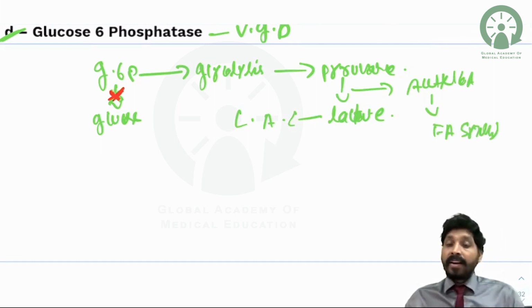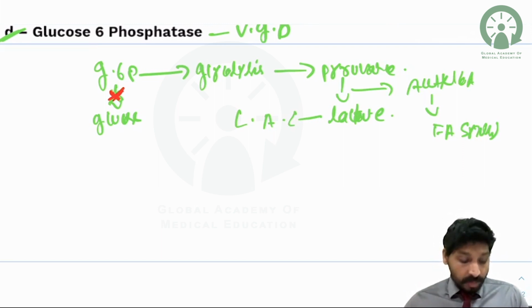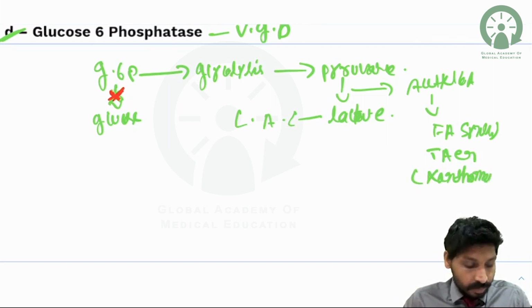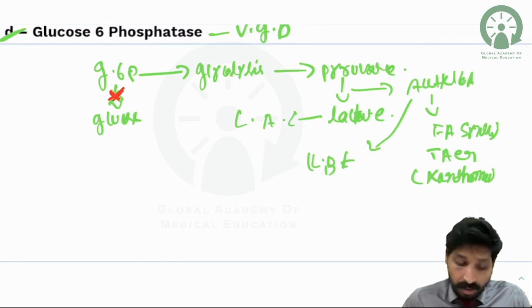So that's why hypertriglyceridemia, xanthomas, hypercholesterolemia, chubby cheeks, doll-like features, apple cheeks. Triglyceride accumulation leads to xanthomas, and acetyl CoA again leads to ketone body formation. So ketosis is also again a prominent feature.